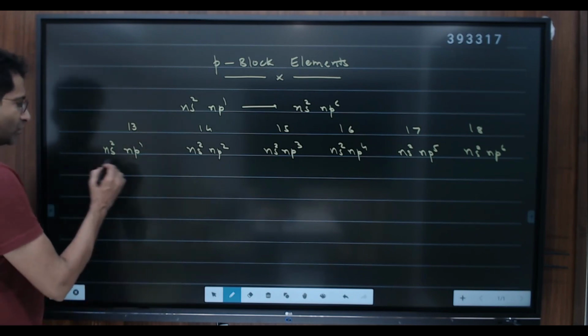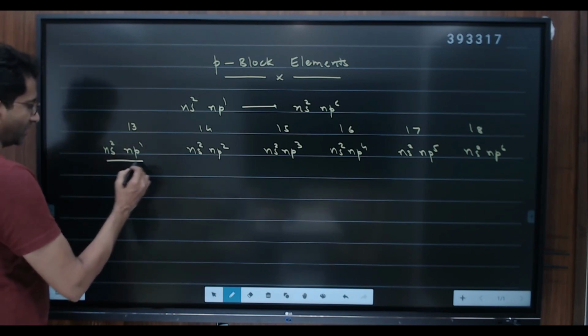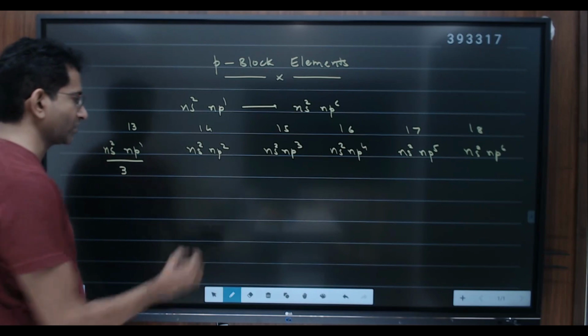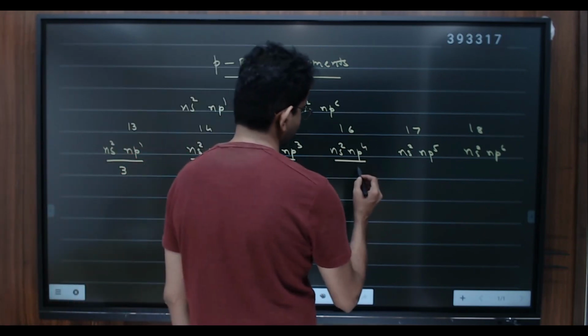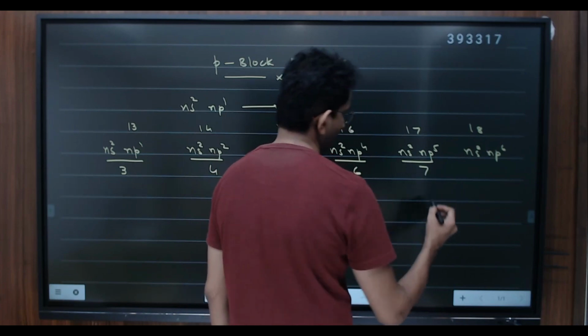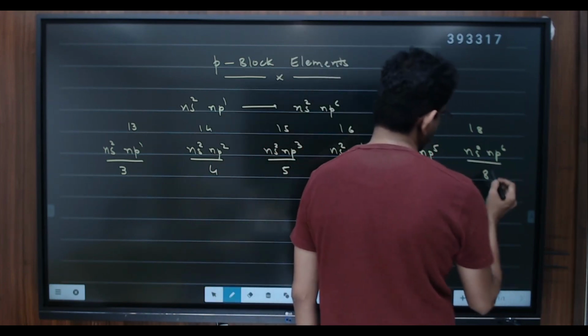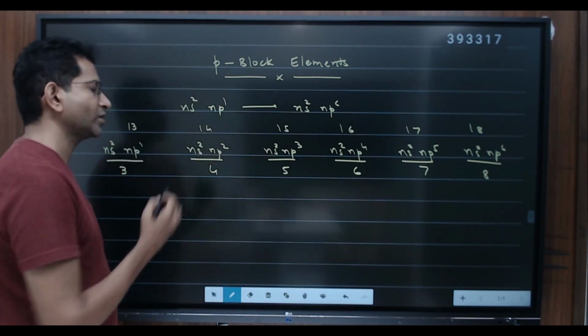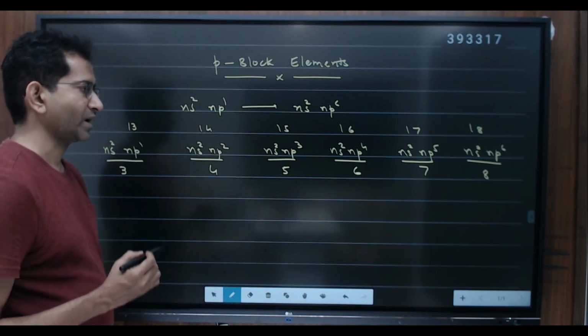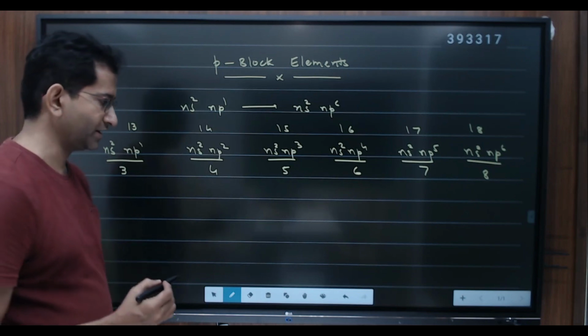So the outermost orbit, the valence orbit, has 3 electrons, this has 4 electrons, this has 5 electrons, this has 6 electrons, this has 7 electrons and this has 8 electrons. This has completion of octet. We are going to discuss in this session about group number 15.